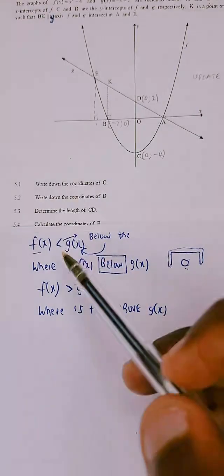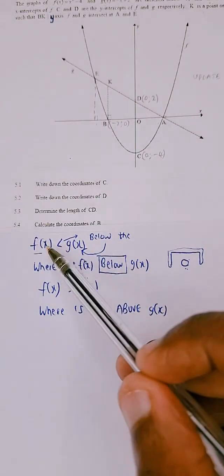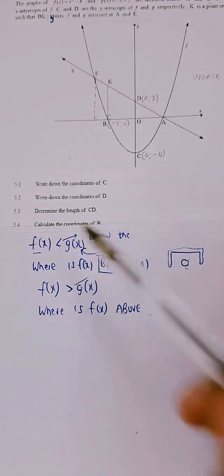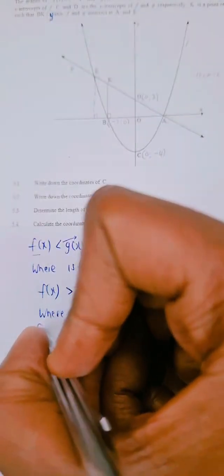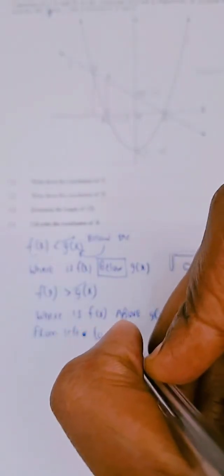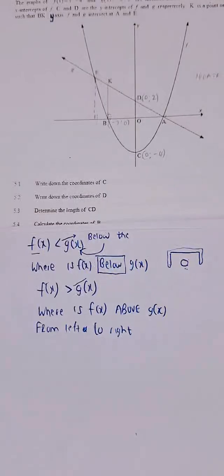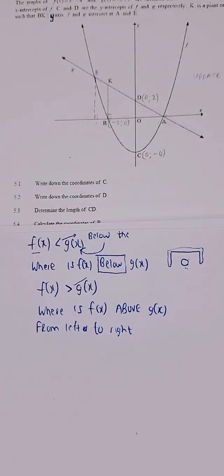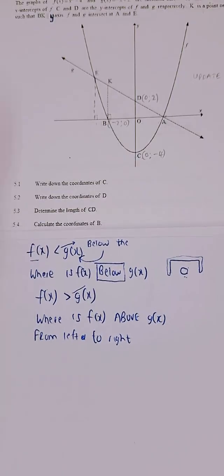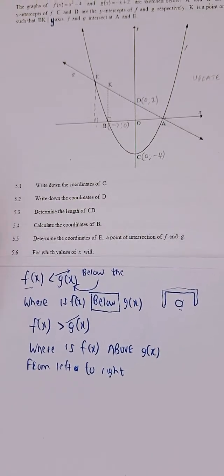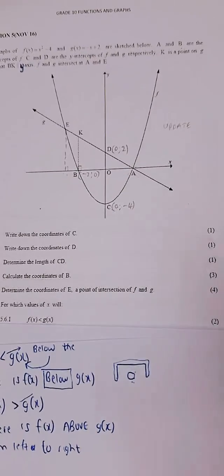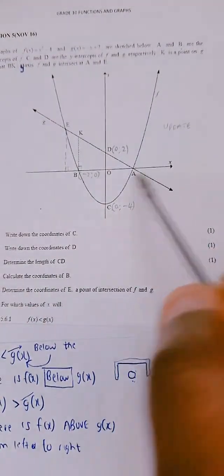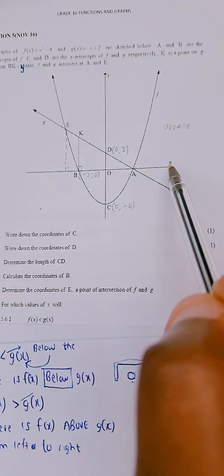So here we want to know where f is below g. That's what this first question is asking. It's like saying from left to right, where is f below g? You read your x values from left to right.